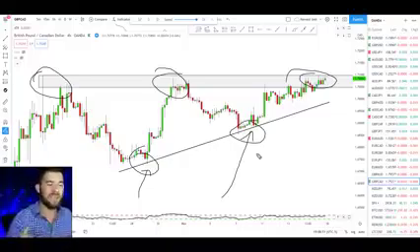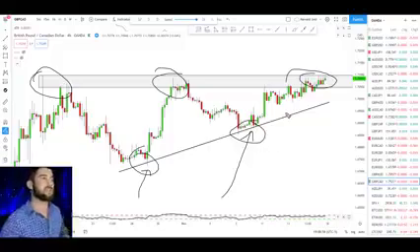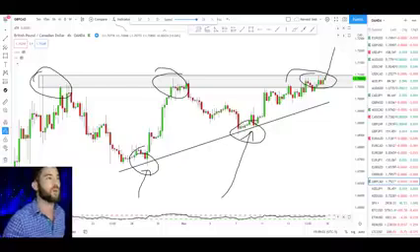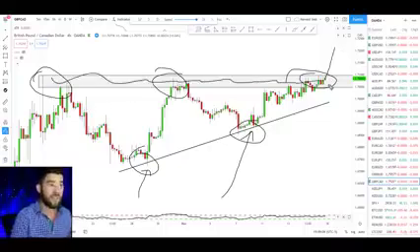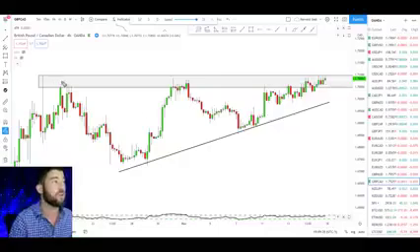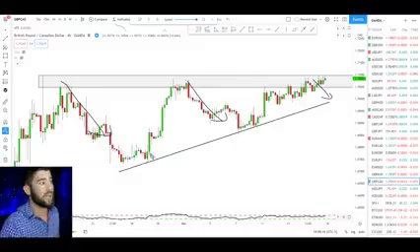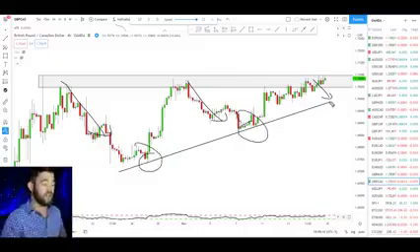And as we continue to make these higher lows, the not inevitable but likely scenario is that eventually we bust through this level of resistance because sellers eventually give up trying to push the market down from this level of resistance. As their pushes down get smaller and smaller and we get higher and higher lows, they eventually give up.